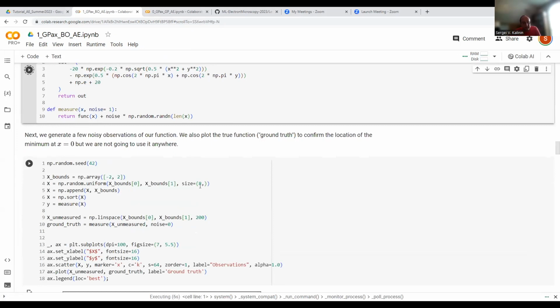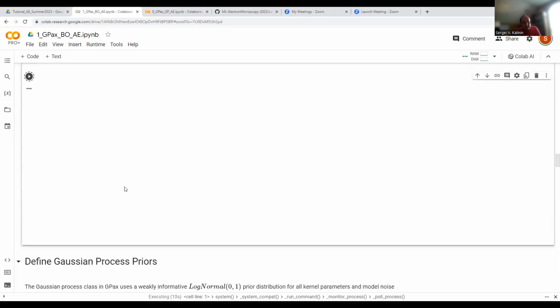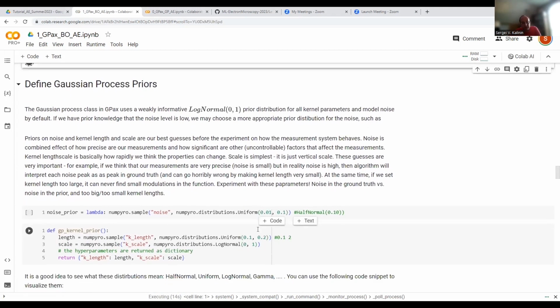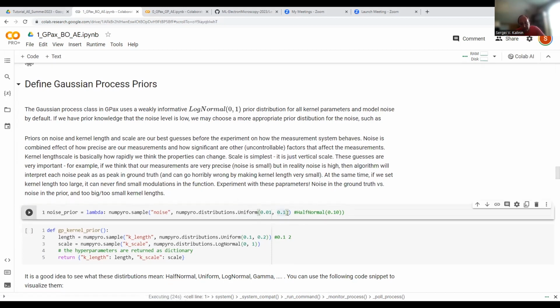Let's wait until it explores. And as before, let's define the Gaussian process priors because they will affect our process very significantly. Let's set our priors on the kernel to be somewhere between 0.1 and 10.